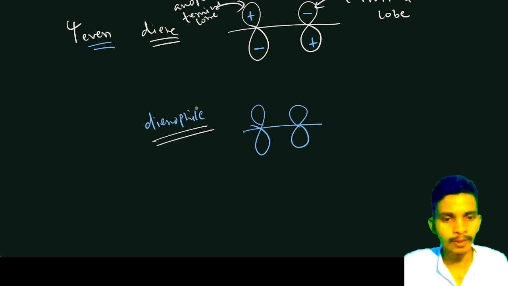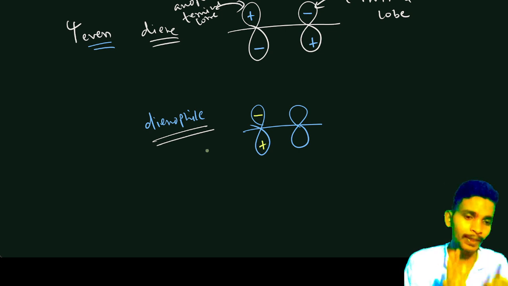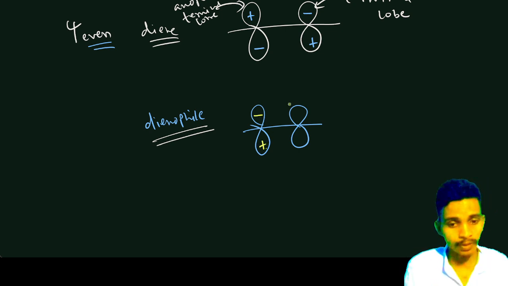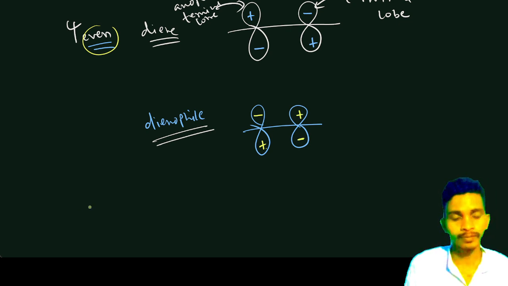Okay, now since this is even, they have opposite signs. So if I write here negative and write positive, this is negative and this is positive, and since this is even, they should have opposite signs. It means that this should be positive and this should be negative.